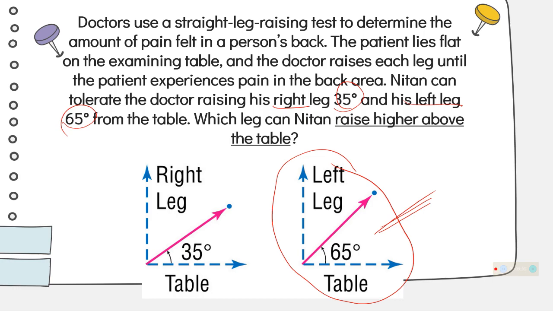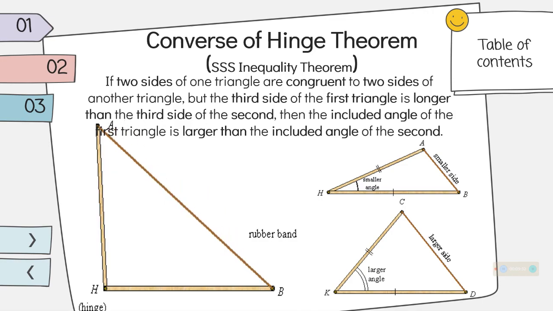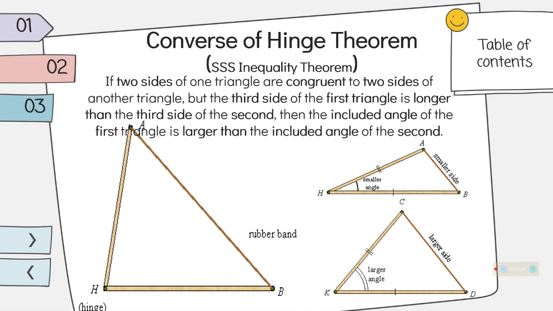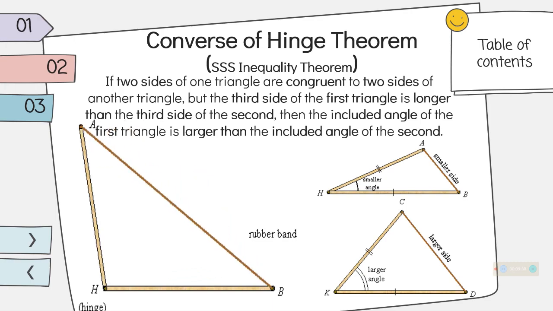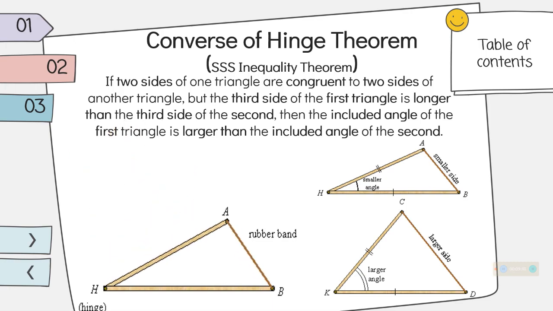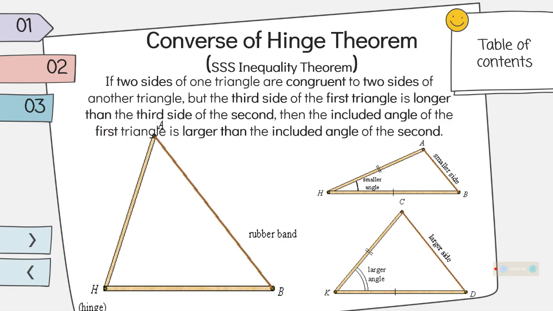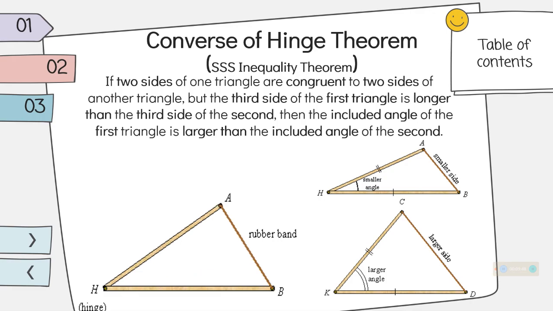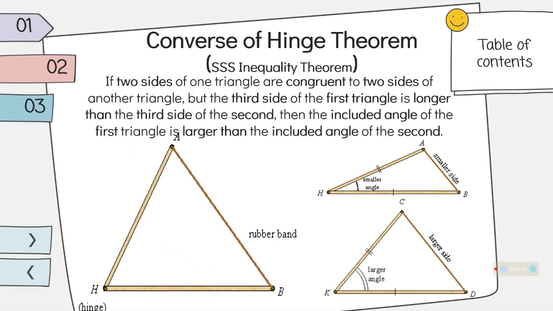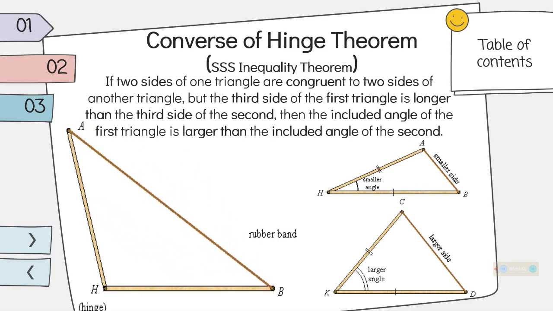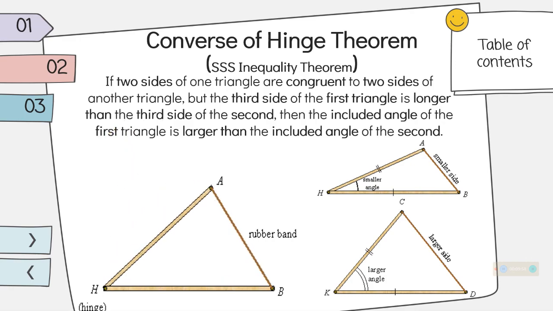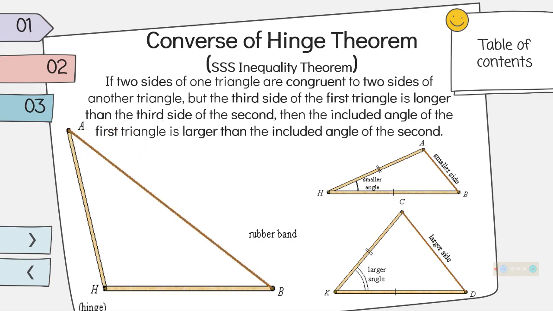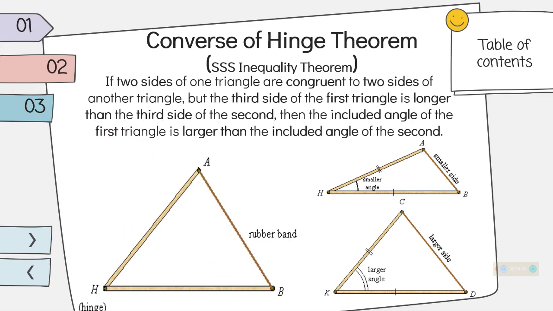Okay, question? So let's now proceed with the converse of the Hinge Theorem, or the SSS Inequality Theorem, in two triangles. If two sides of one triangle are congruent to two sides of another triangle, but the third side of the first triangle is longer than the third side of the second, then the included angle of the first triangle is larger than the included angle of the second.